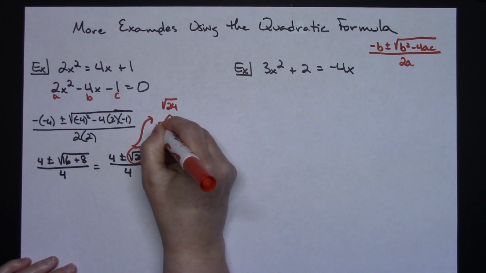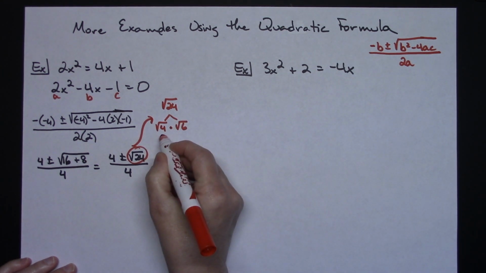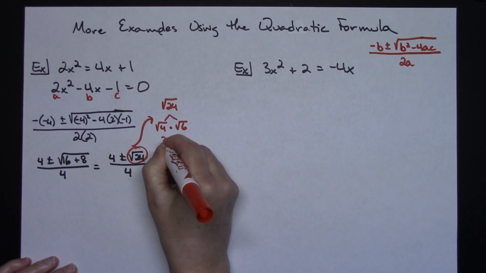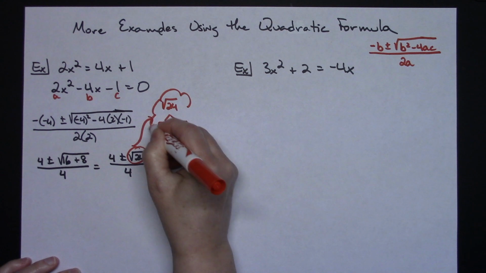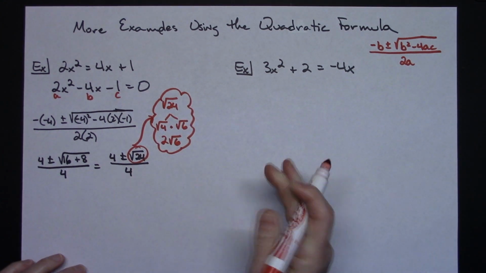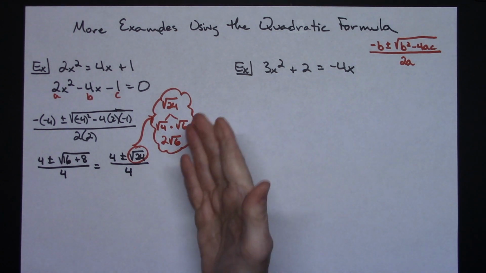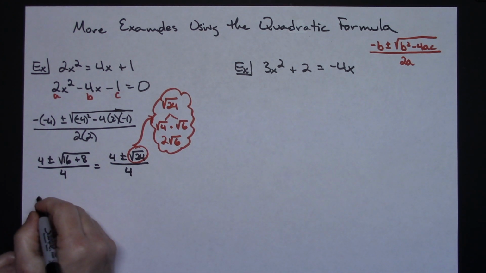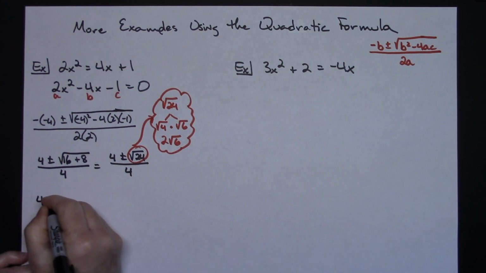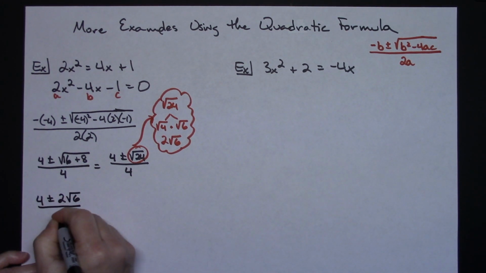So this is going to be the square root of 4 times the square root of 6, and then we can take that square root of 4, which gives us 2 square root of 6. This I generally do off to the side, away from the work in the quadratic formula, because it's not literally part of the quadratic formula, it's part of just the math that's simplifying it. Rewriting there then, I'm going to have 4 plus or minus 2 square root of 6 over 4.